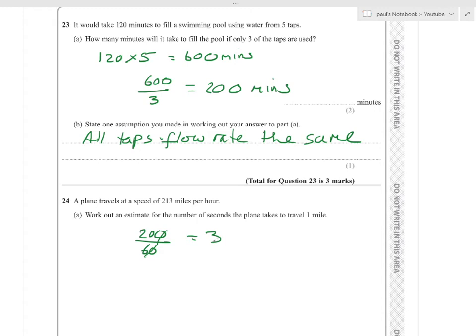I think I did that the right way around. 3 miles in 1 minute.